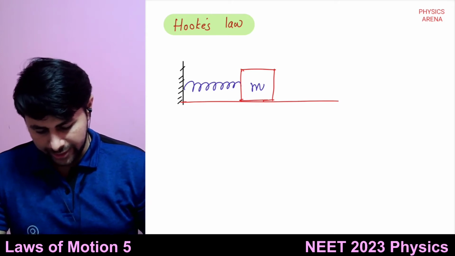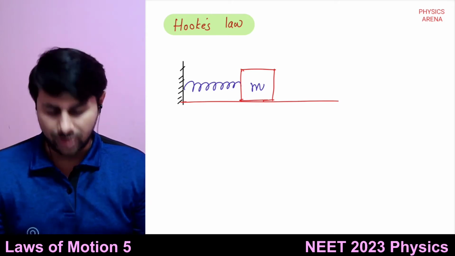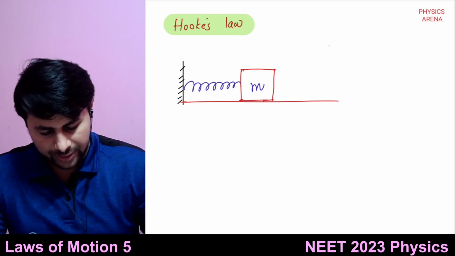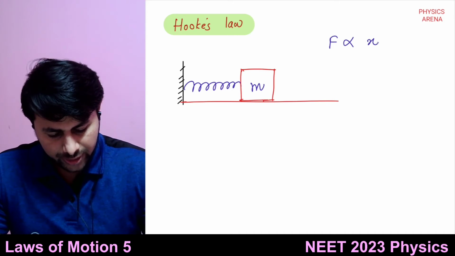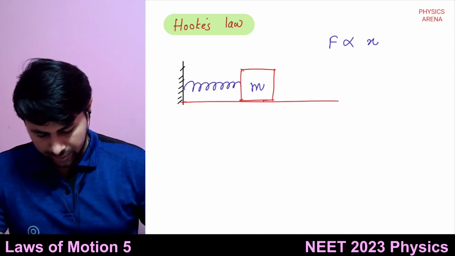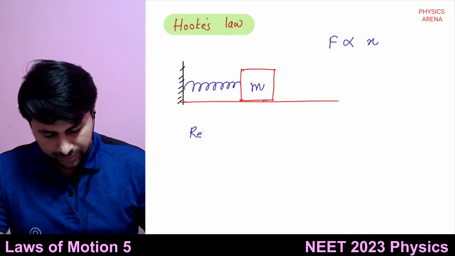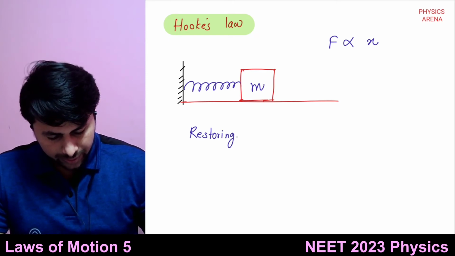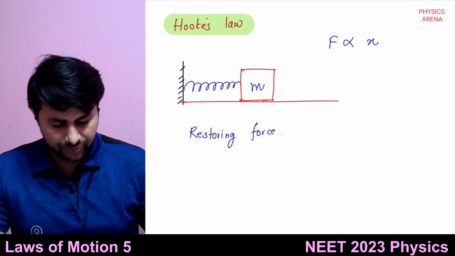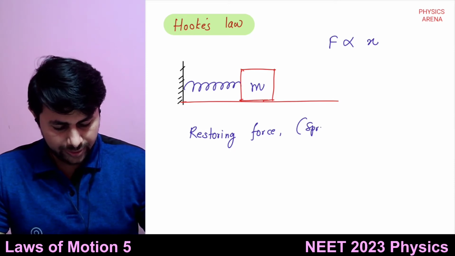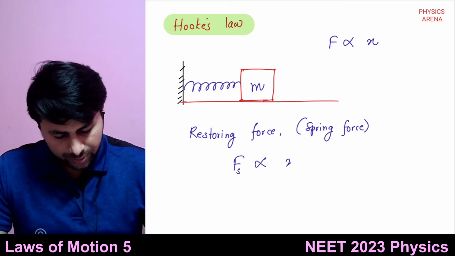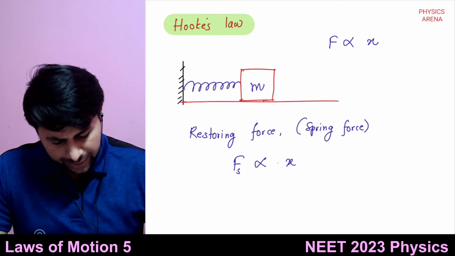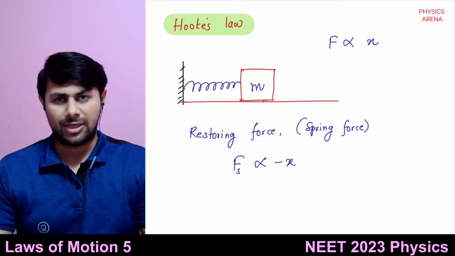So Hooke's law, given by Robert Hooke, says that the restoring force generated in the spring, which is also called spring force Fs, is directly proportional to the displacement, and it acts in the opposite direction of the displacement.